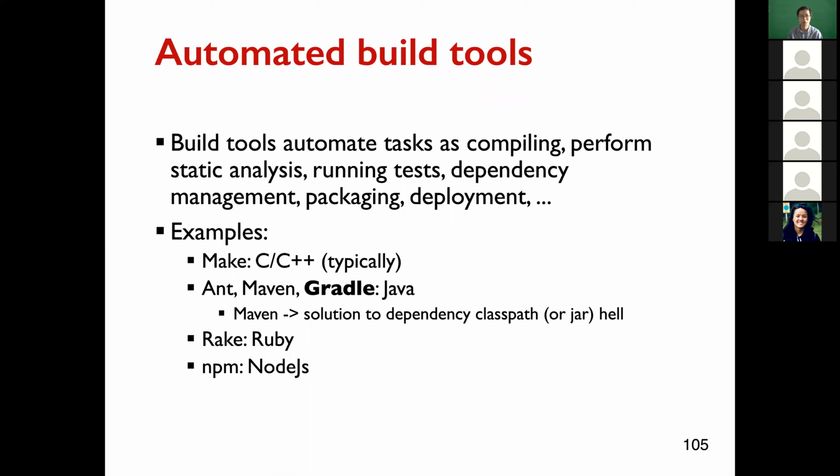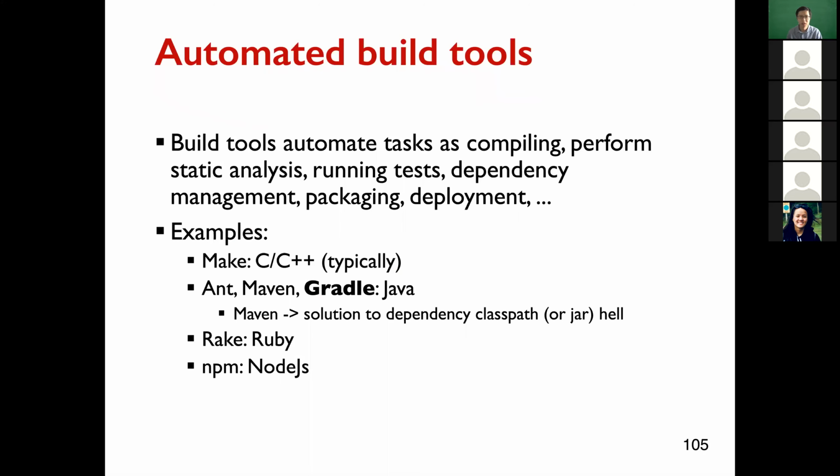Everything can be automated. Some examples: we have make for C or C++, and Maven and Gradle for Java. We have Rake for Ruby. We have NPM for Node.js. So those are automated build tools, right?